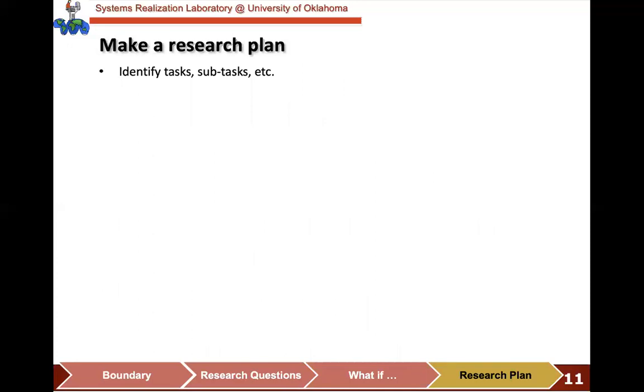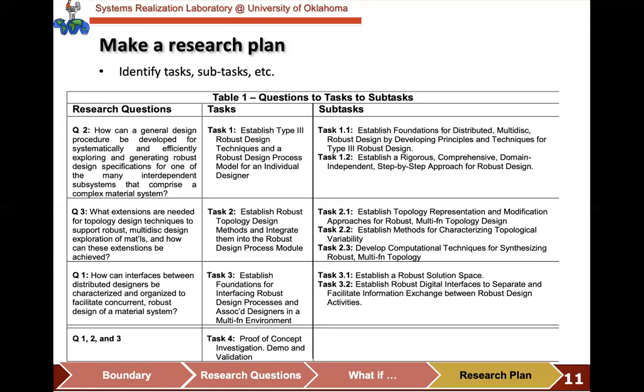So then we need to make a research plan and work it out. The first thing we need to do is identify tasks and subtasks like this. From each research question, because we already identified the action words, and by restating those action words in sentences or bullet points, we can identify the tasks.